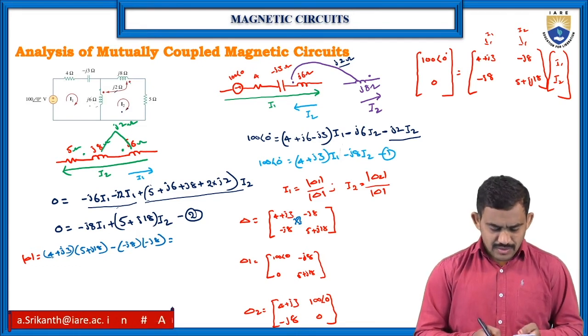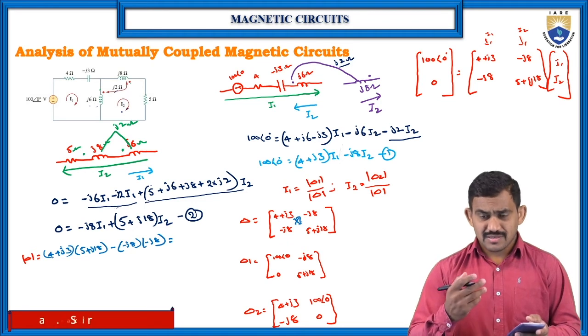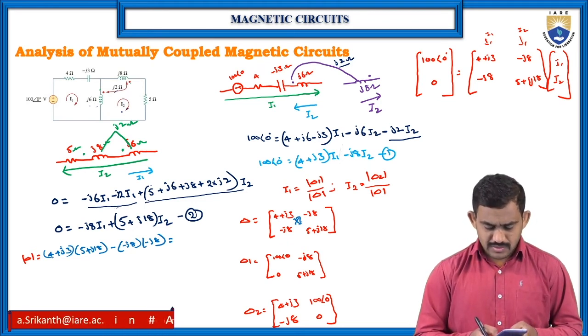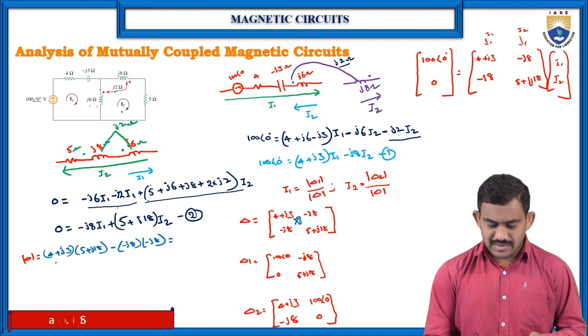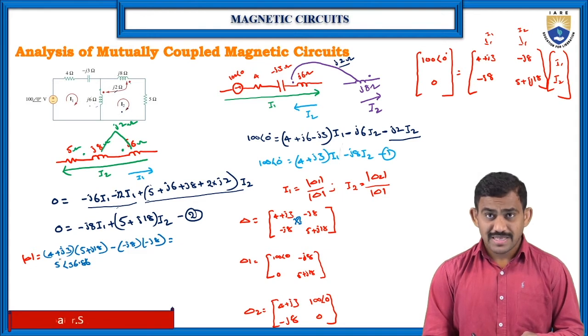For 4 plus j3, convert into polar form. 4 comma 3 gives the value 5 angle 36.86.